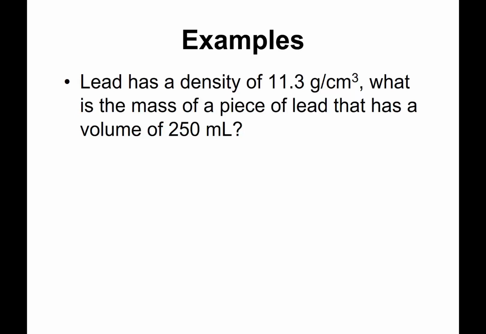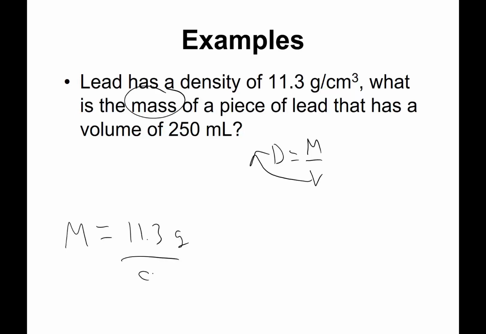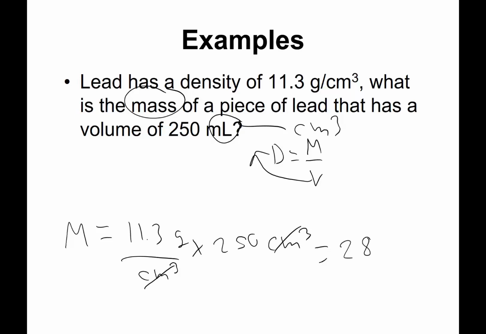Okay, so this time we take density equals mass over volume, and I am asking for mass, so all you have to do is multiply by V. So the mass is going to be equal to 11.3 grams per cubic centimeter times 250, and this is the same as a cubic centimeter, so I can change that unit so that it cancels, and my answer will be 2,800 grams. Okay, so that's enough of density.